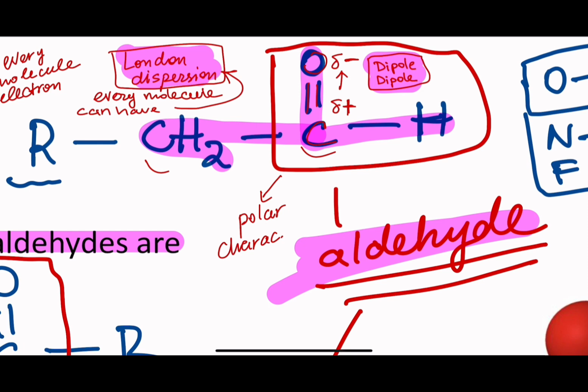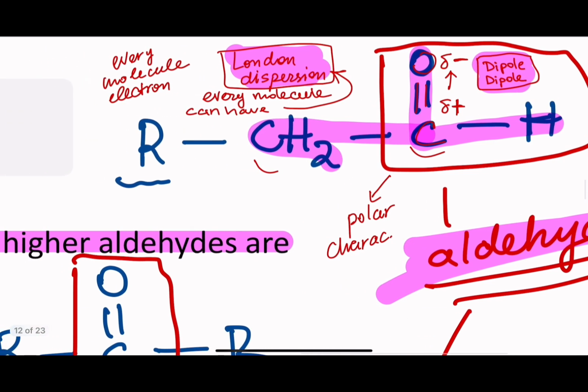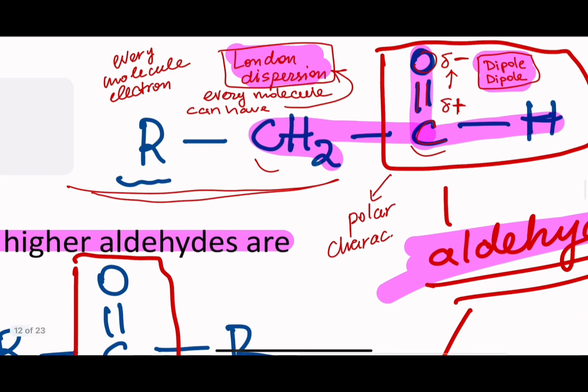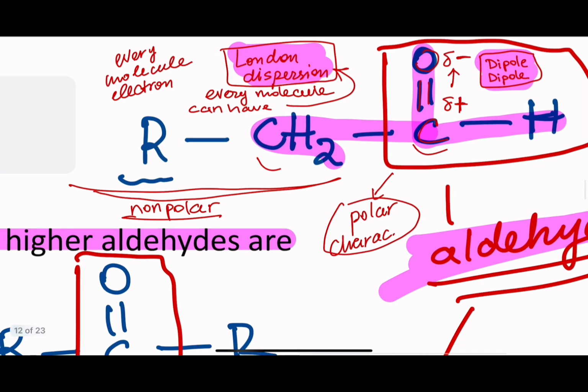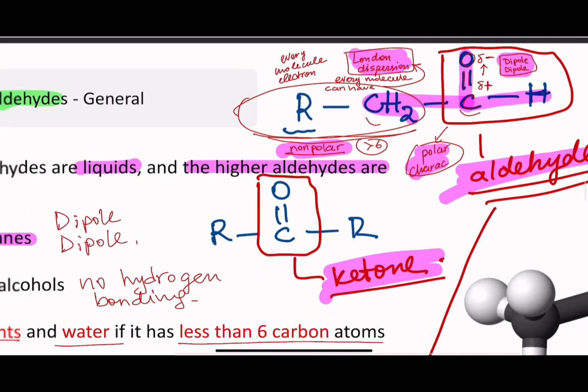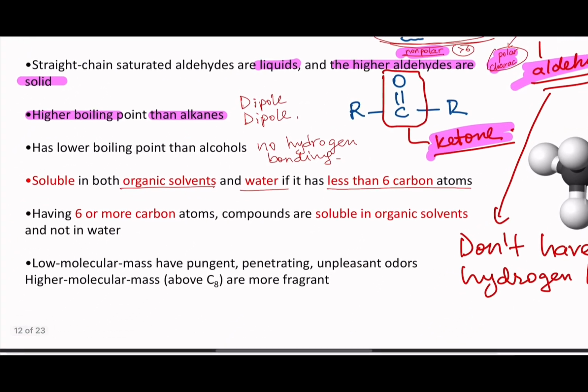But when you have lots of carbons on this side, this side becomes nonpolar. So you have a combination of nonpolar and polar. If you have more than 6 carbons on this side, that makes it a lot more nonpolar than polar.